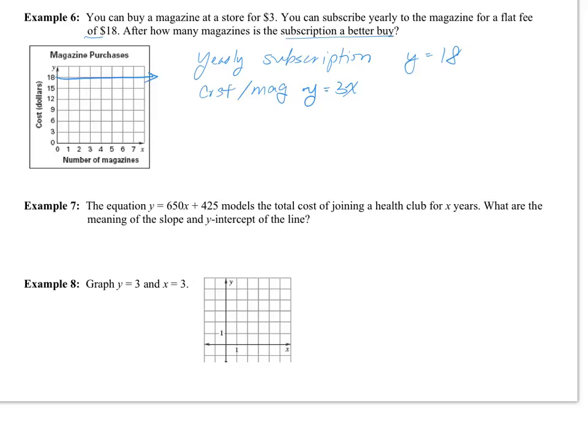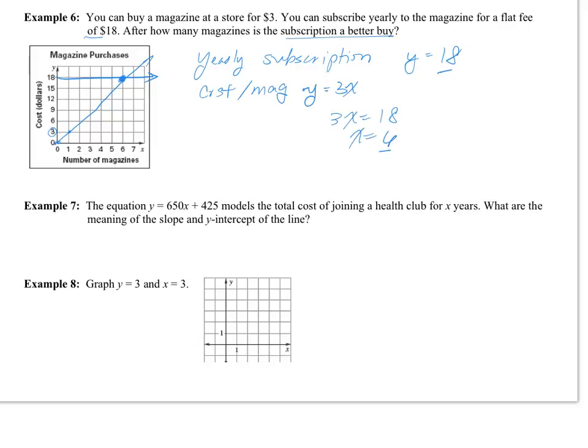To graph y equals 3x, I'm going to begin at (0, 0) and shift up 3 units. Since the slope is 3, I'm going to shift 1 to the right. And then I'm going to connect my points. And it should intersect at (6, 18). If I set 3x equal to 18, x would equal 6.